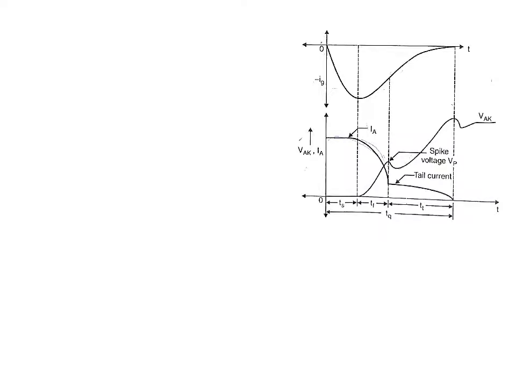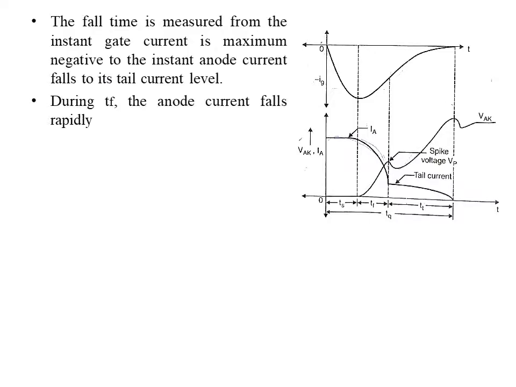The fall time is measured from the instant the gate current is maximum negative to the instant the anode current falls to its tail current level. During fall time, the anode current falls more rapidly.